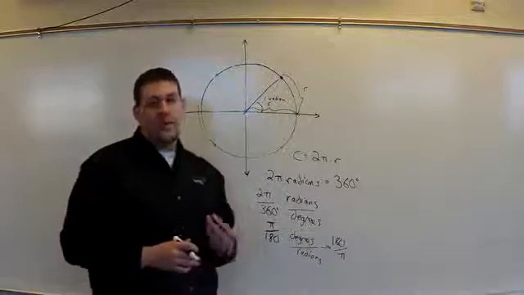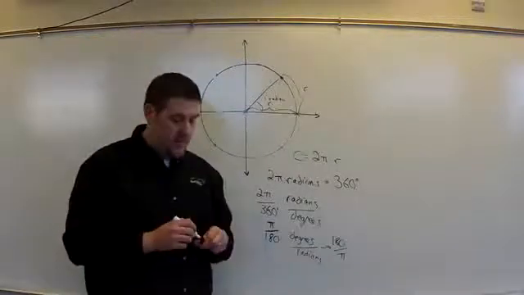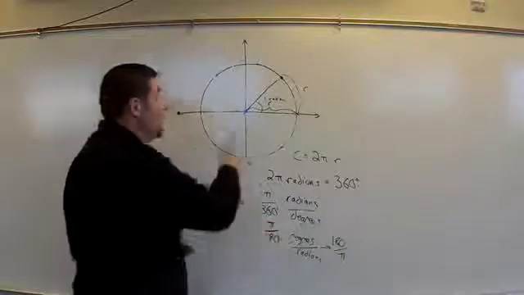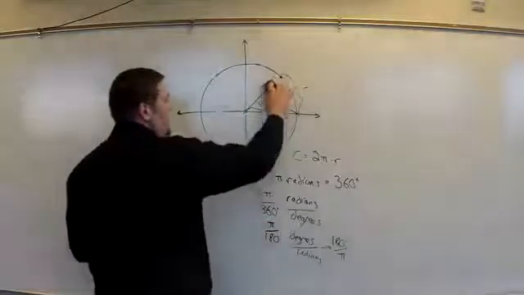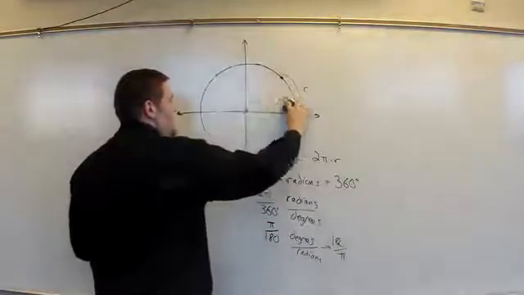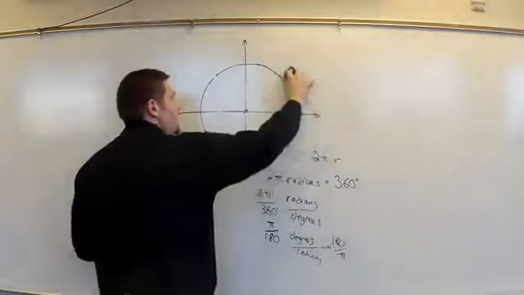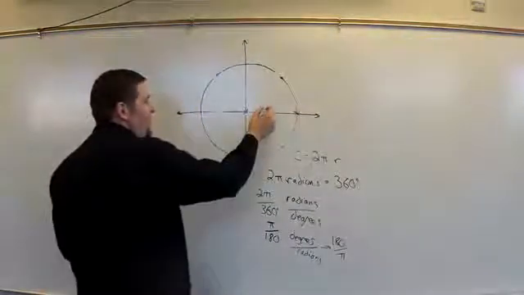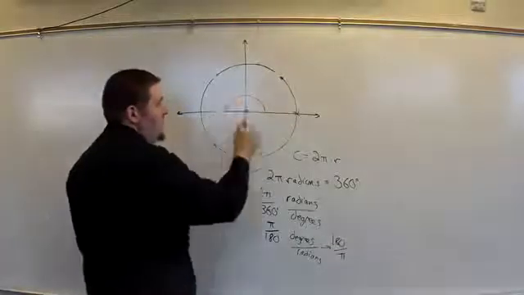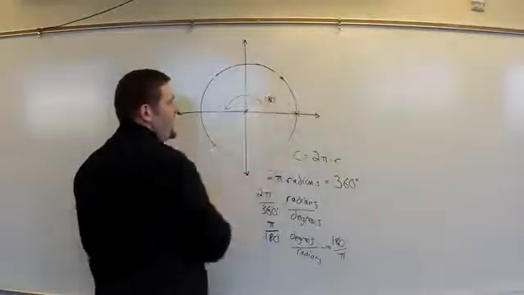But I also want to think in terms of the portion of the circle we're on. So before we get into straight-out conversions, let's imagine what pi looks like on a circle. If I think about going around half of the circle, this will be a rotation of 180 degrees.